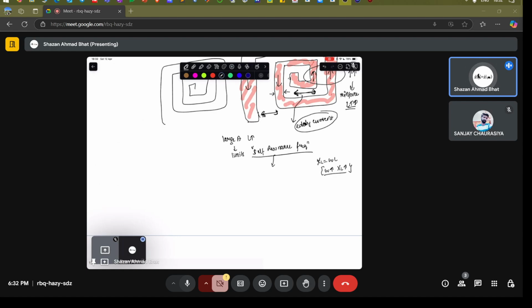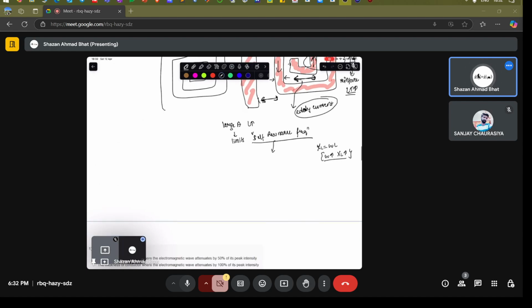That particular frequency is called the self-resonance frequency. That means if the frequency is greater than the self-resonance frequency, the inductor no longer behaves as an inductor. That is why you want the working frequency to be less than or equal to the self-resonance frequency.